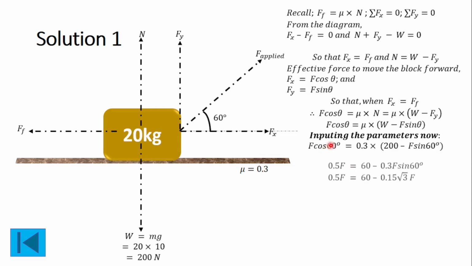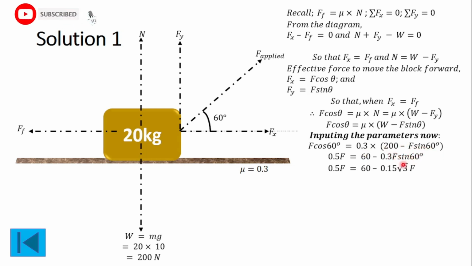Let's solve this. Cos 60 degrees is 0.5. So 0.5 F equals 0.3 times 200, which is 60, minus 0.3 F sin 60 degrees, which gives 0.5 F equals 60 minus 0.26 F. Collecting like terms, 0.26 F goes to the left hand side.